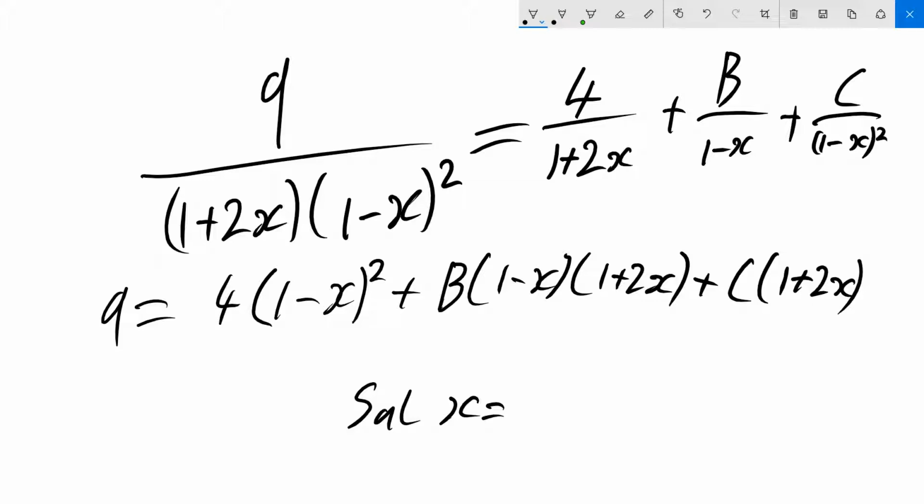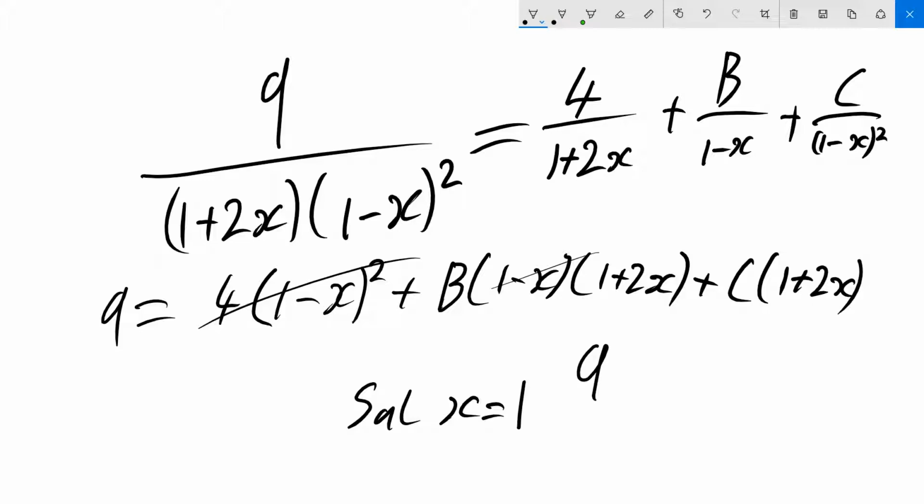So I sub in x equals 1. What happens if I do... I'm going to have to try it. So if we sub x equals 1, we get 4 lots of nothing here, and then b becomes nothing again, and we have 1 plus 2x.